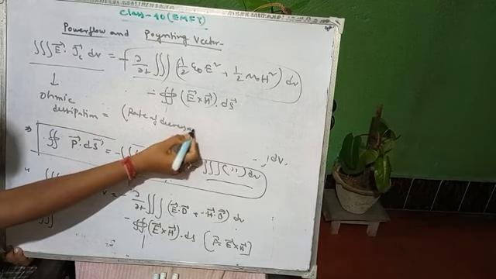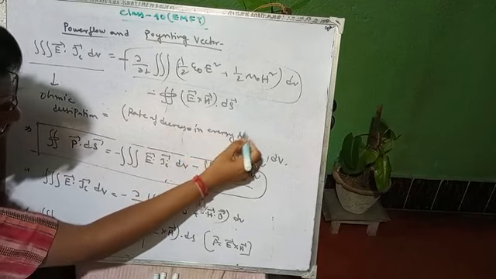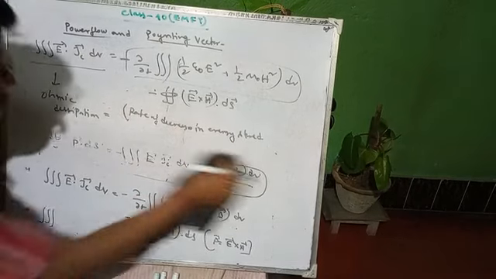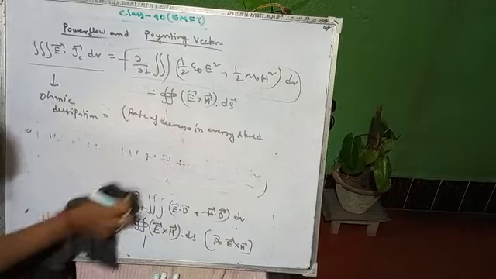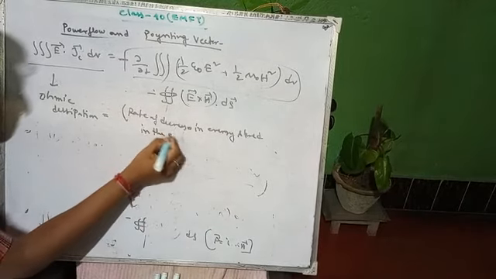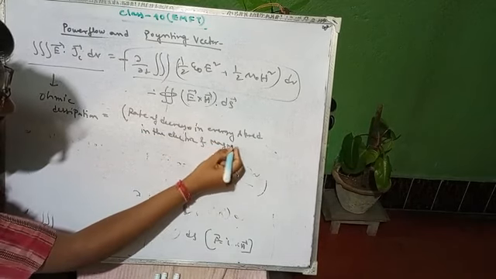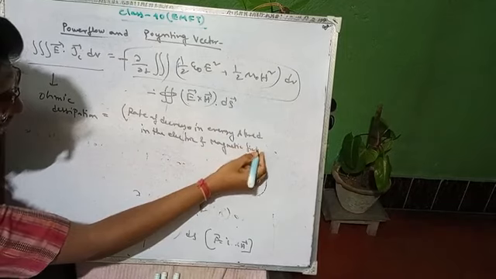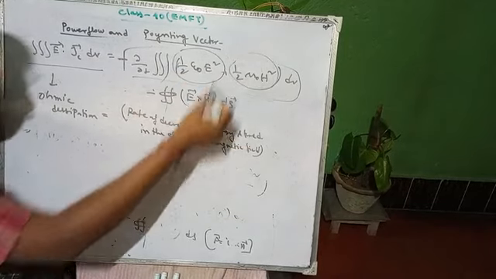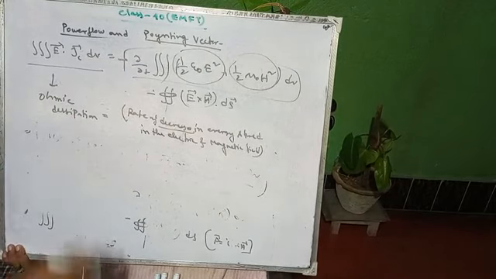Rate of decrease in energy stored in the electric and magnetic field. See, this is the energy for the electric field, this is the energy for the magnetic field, and for this negative sign we are writing decreasing.